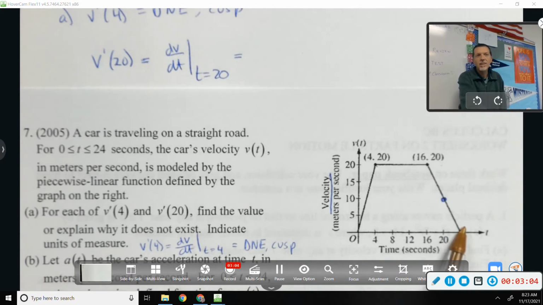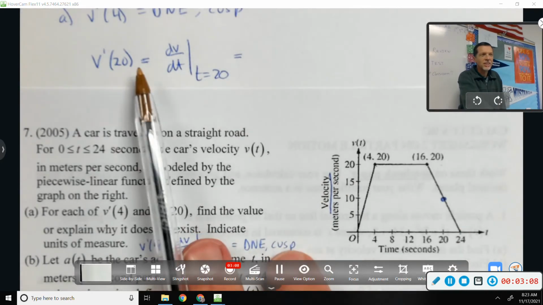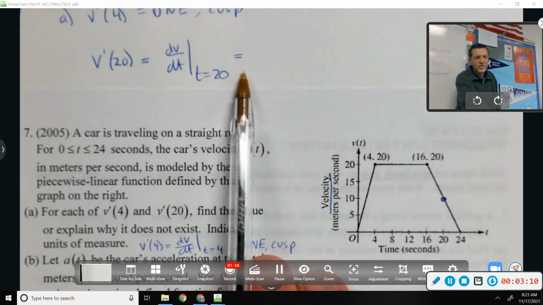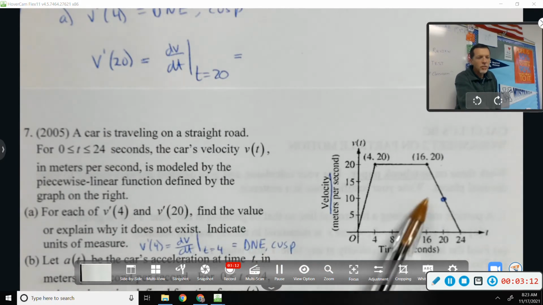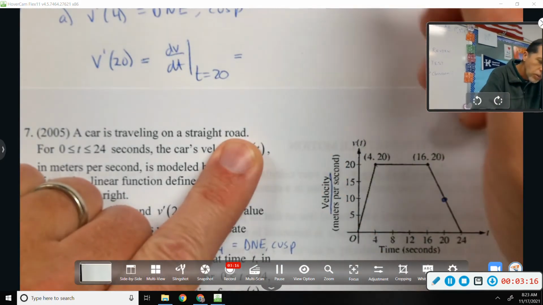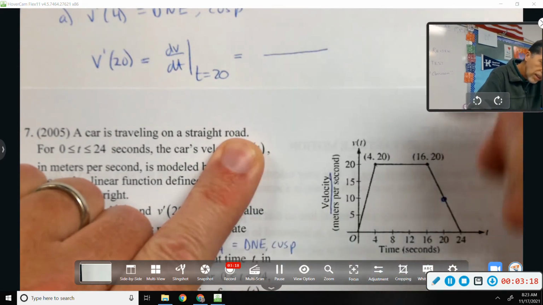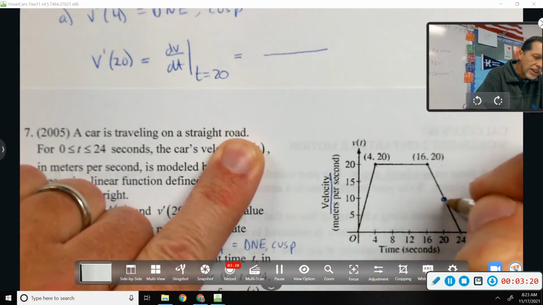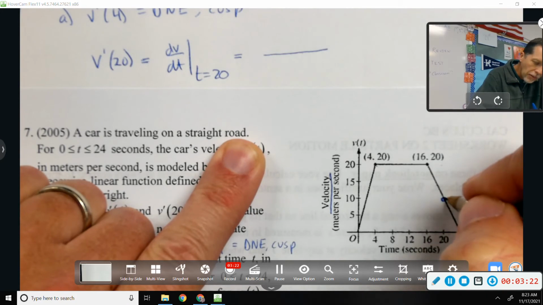So be careful. I'm not even going to write that because that would be very misleading, because derivative is not often average rate of change. But for this particular case, since it's a line, yes, we can find this overall slope. And the slope of the line is the slope at the point. Maybe we could say it that way.